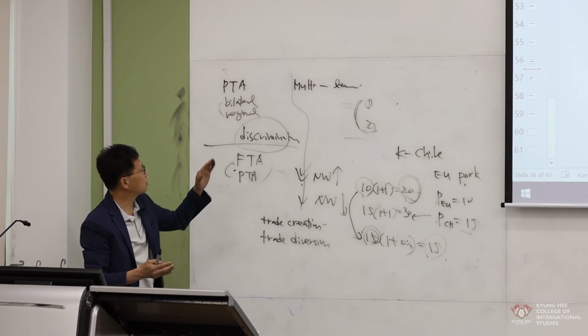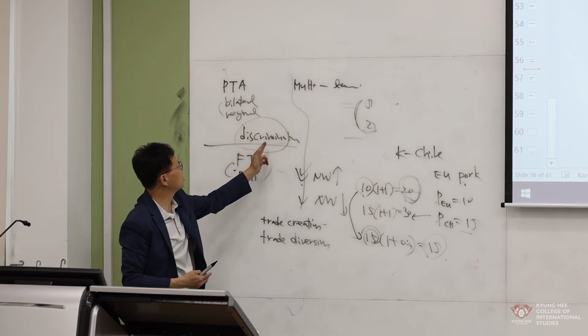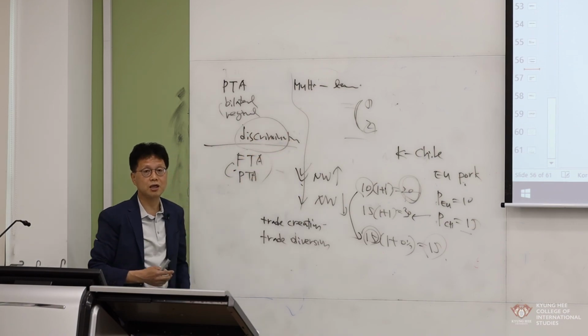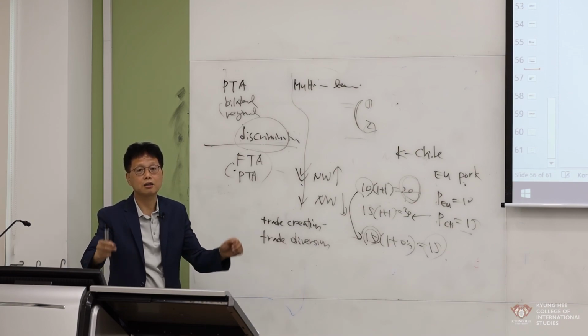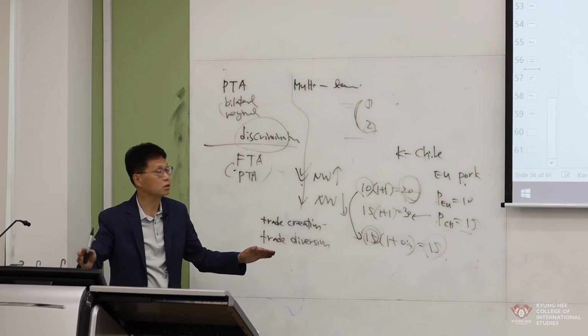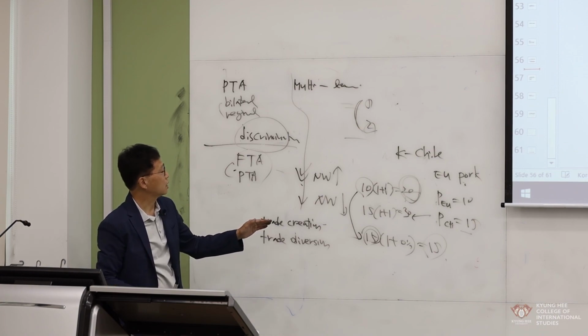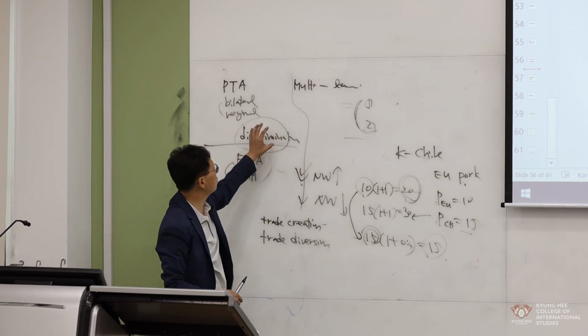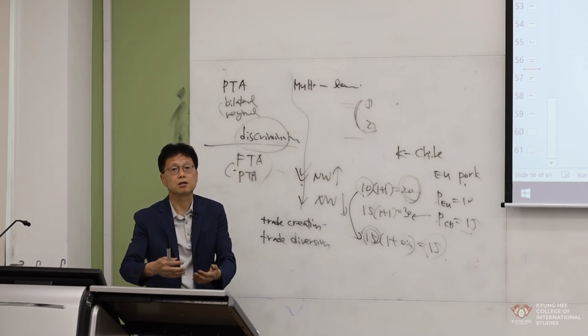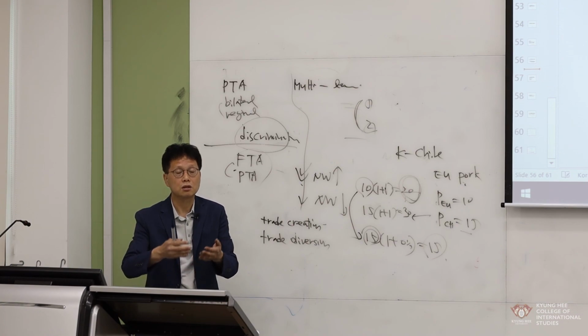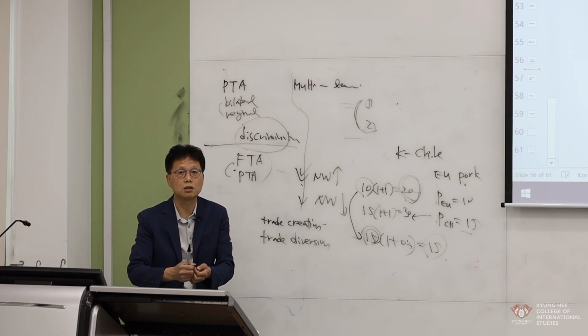But usually the WTO allows this kind of discrimination under the expectation that it should be a building block for worldwide free trade. It requires that the trade talks include substantially all trade, and as a result of the agreement, the tariff rate should be very low, near zero.